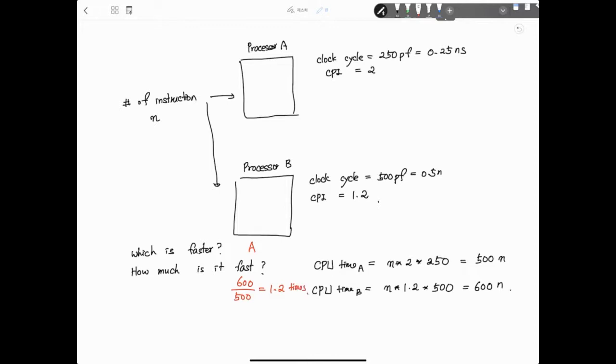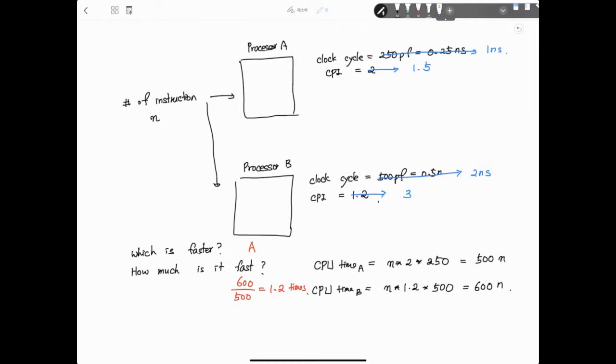Okay. So any number is given, you can solve it, right? Let's say it is 1 nanosecond and CPI is 1.5. And here, this one is 2 nanosecond and CPI is 3.